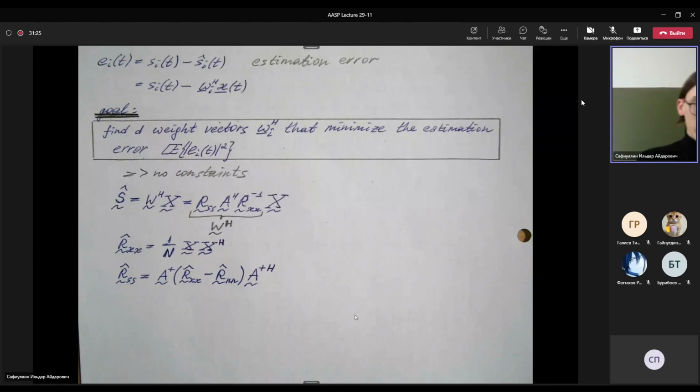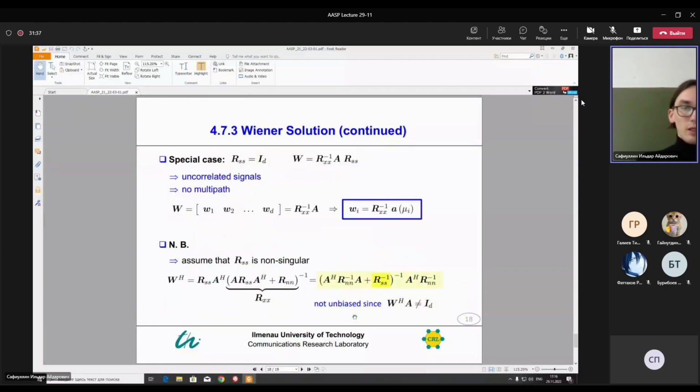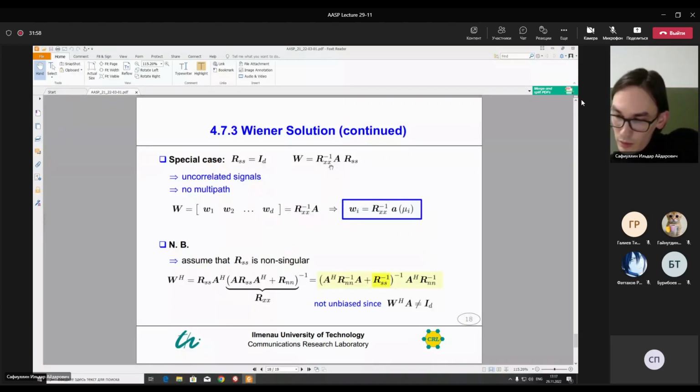Let's go to the next slide, and then I will one more time switch to my pages here. So what we need next? Of course we can assume this special case with uncorrelated signals. In this case, RSS will be equal to the identity matrix, and for W we will have this thing.